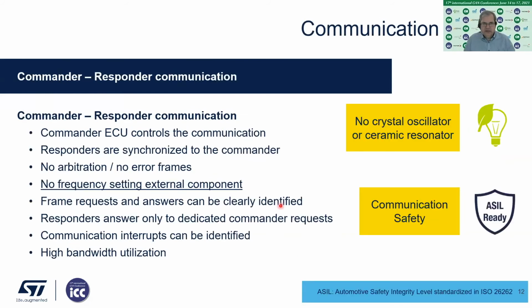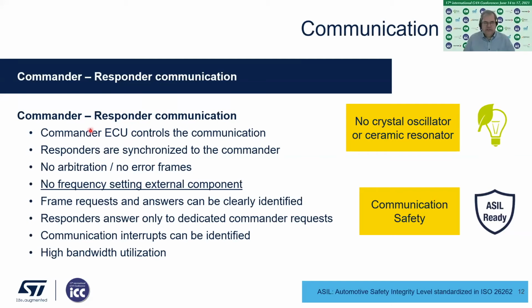So how does this communication protocol look now? As mentioned, it's a commander-responder communication. The commander ECU, which is our domain or zone controller, controls the entire communication. We can synchronize these responders to the data stream of the commander.